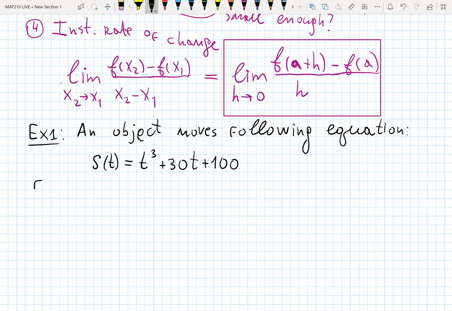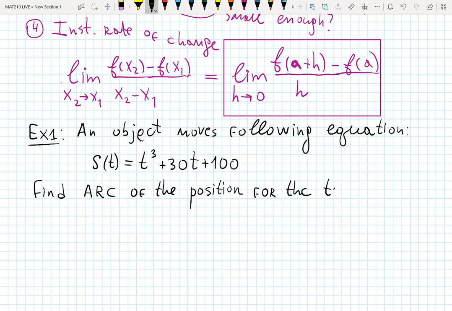Find the average rate of change of the position function for the time period from t equals 1 to t equals 5.